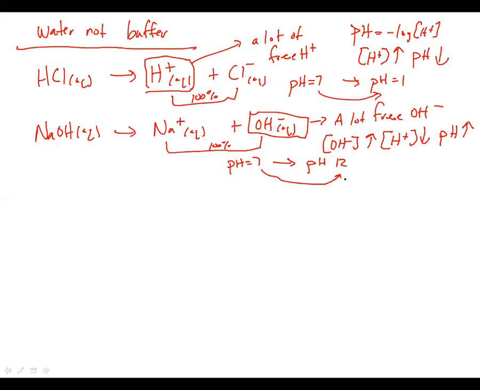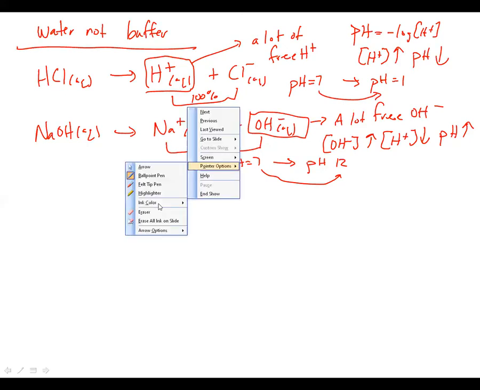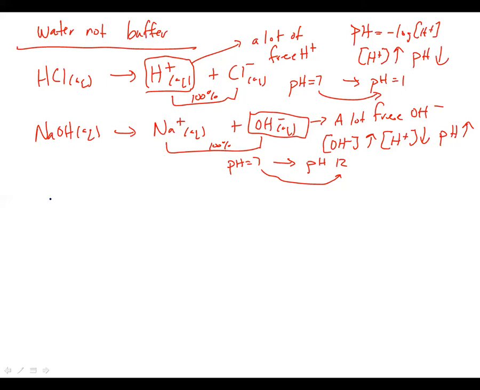That's because in water, which is not a buffer, when you add strong acids or bases, you generate a lot of free H plus in the case of the acid and a lot of free OH minus in the case of the base, all of which has a pretty drastic effect on the pH of the solution.